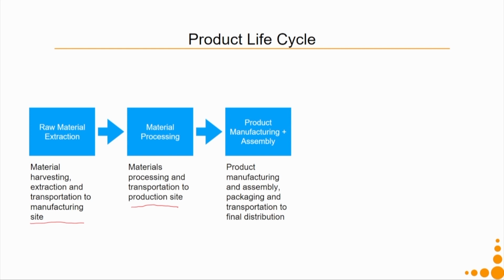So, in product manufacturing or assembly, I will manufacture the product. The difference between manufacturing and assembly is, say my table consists of 5 different components. I will first manufacture each of those components and then I will join them together, and that is called the assembly process.